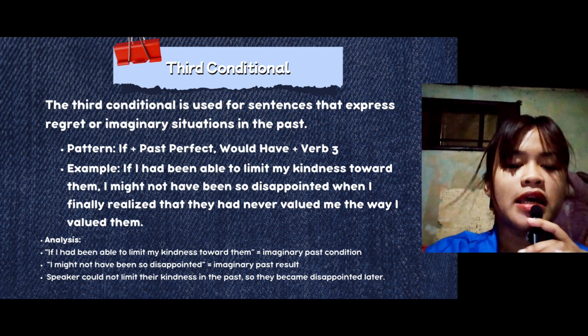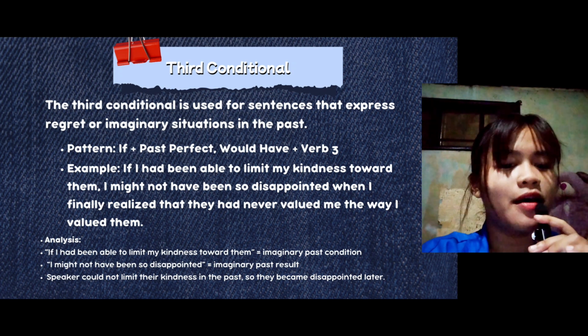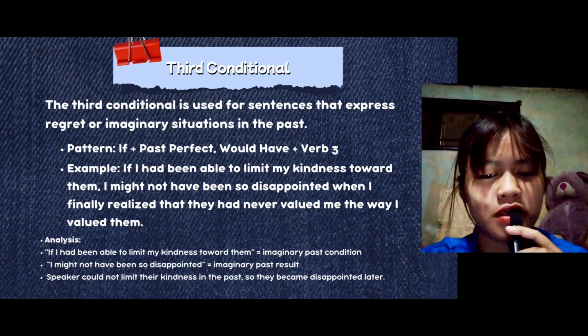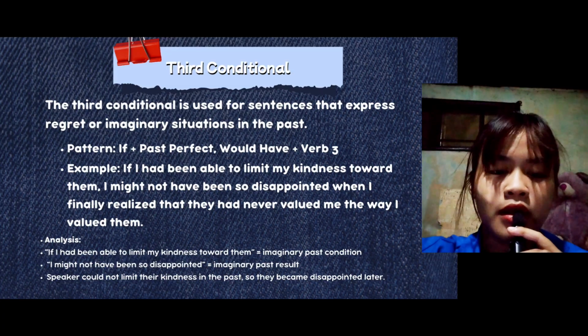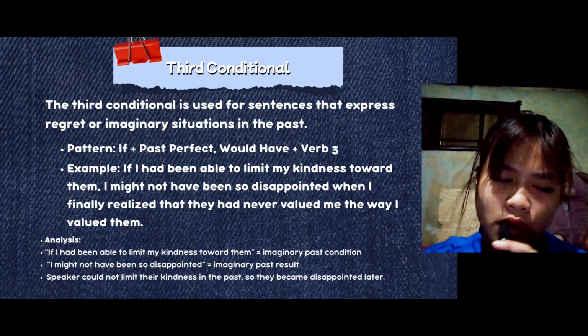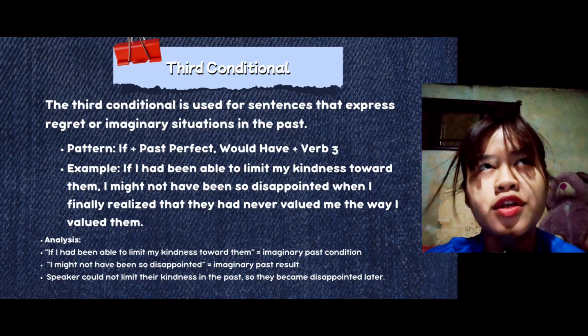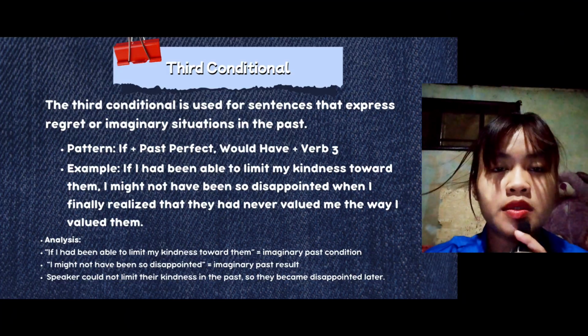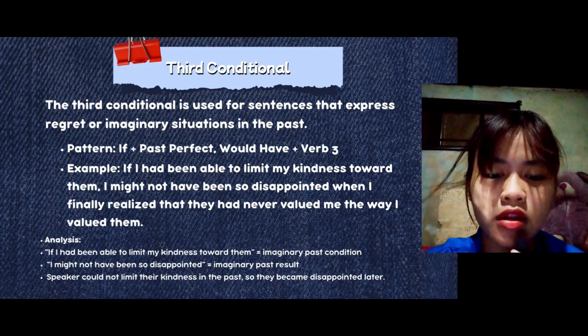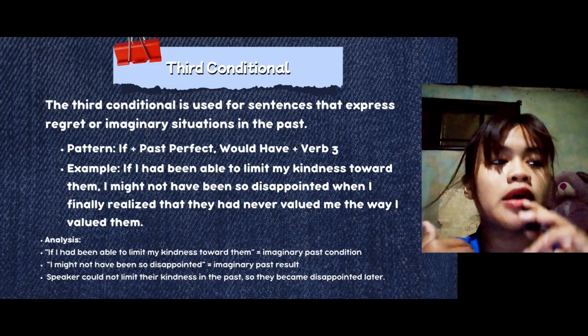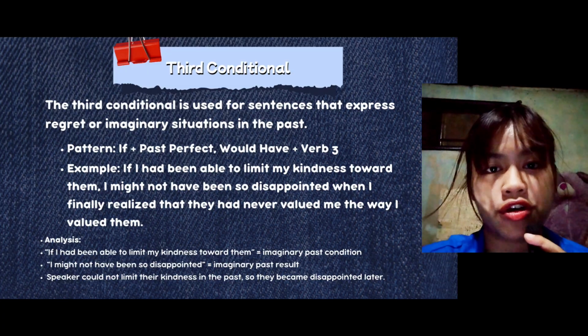For the analysis, if I had been able to limit my kindness towards them is the imaginary past condition, and I might not have been so disappointed is the imaginary past result. The speaker could not limit their kindness in the past, so they became so disappointed later.